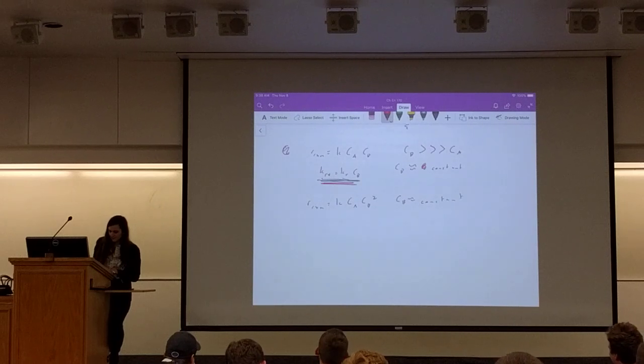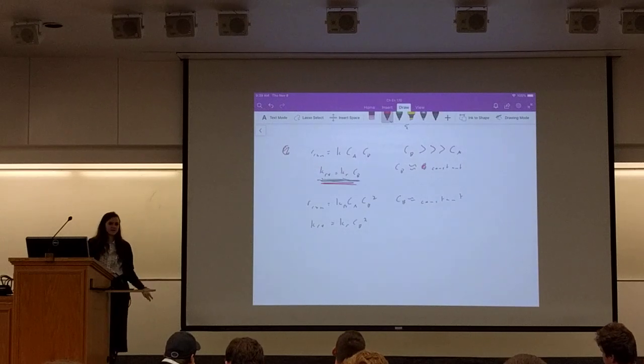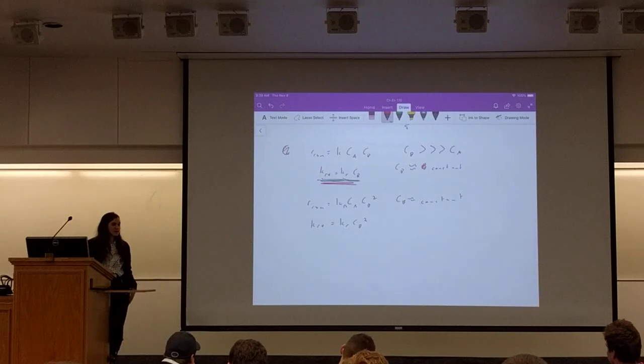In that case, KR star would be KR CB squared. Because if the concentration of B is about constant, so is the concentration of B squared.